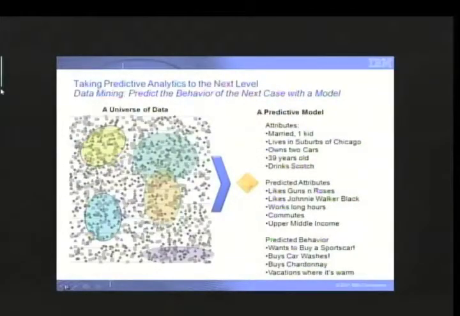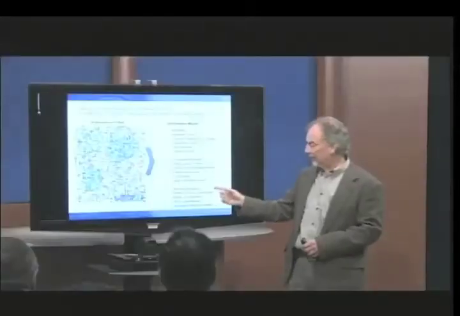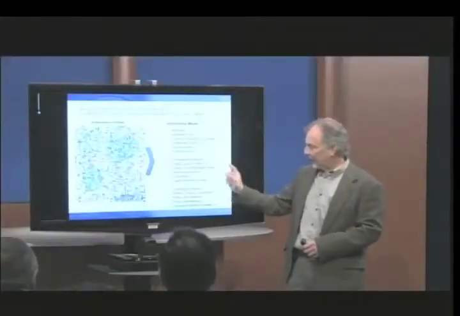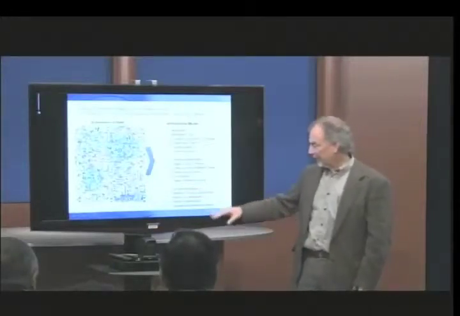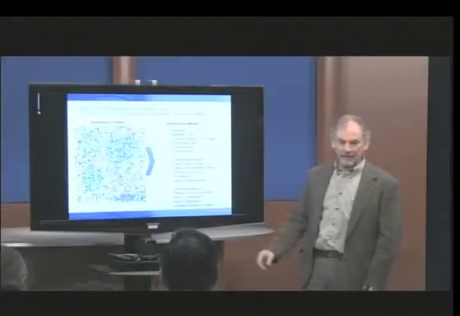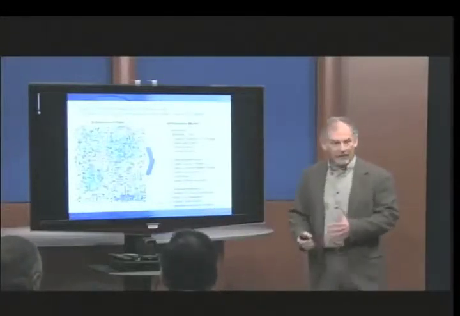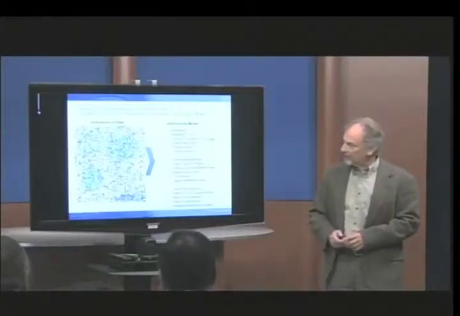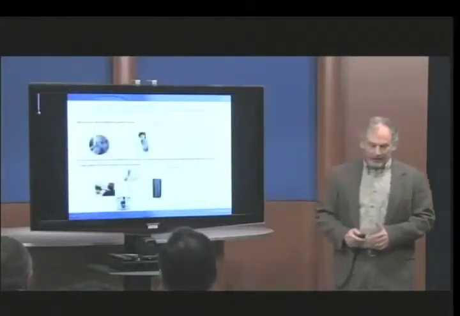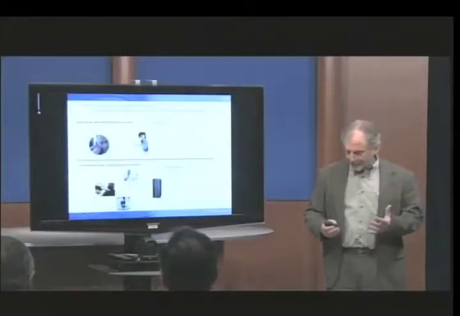From this analysis, based on what other people with similar attributes and similar behavior as you have done, we can predict what your behavior is going to be. We think you're going to want to buy a sports car, or you might buy some Chardonnay. You want to go on vacation where it's warm. This is the kind of thing that's happening behind the scenes in these analytic environments.